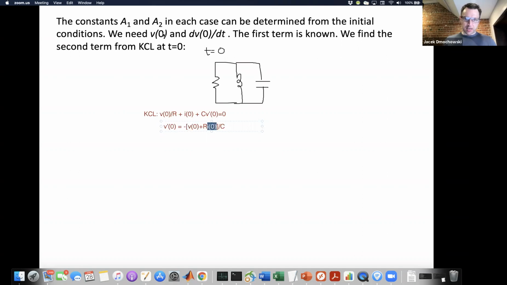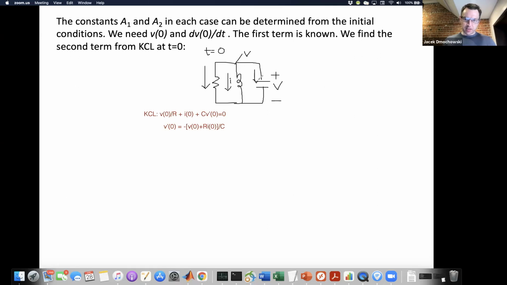And importantly, I0 is defined as the current through the inductor. V is here, and this is also V. So V over R is here, I is here, and CV prime is here.